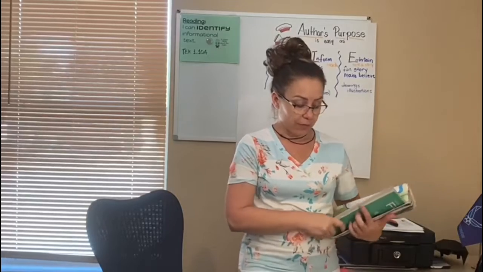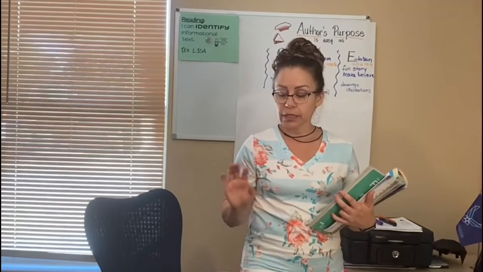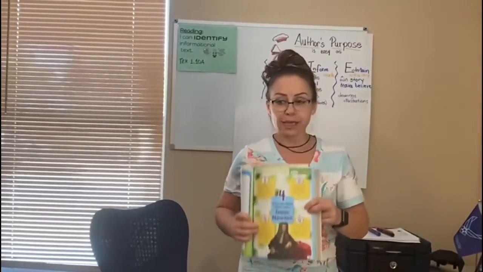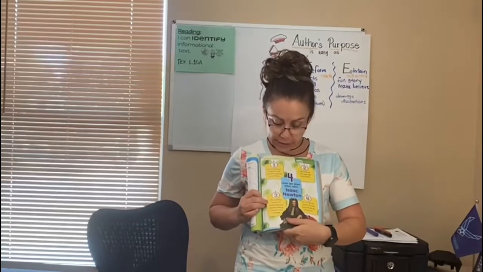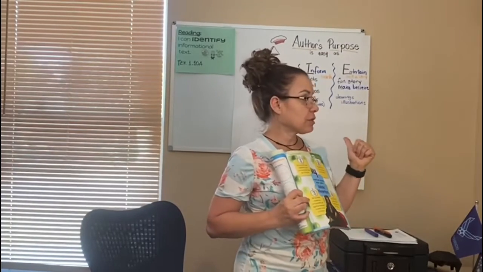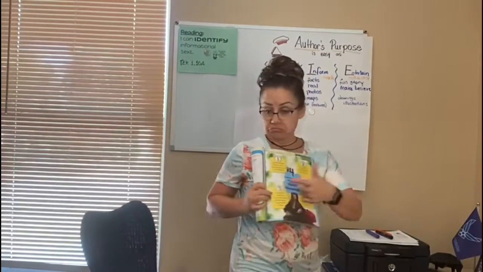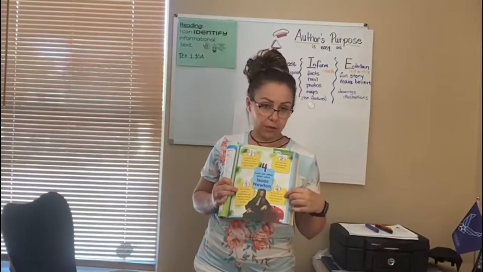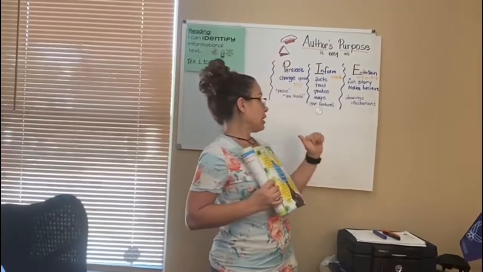All right, now my friends, since you're all here, I wanted you to turn and talk because I'm going to show you another informational text, okay? So this informational text, tell me again, what are the characteristics? Real. This man really existed, right? So it was a real man, yes, check.